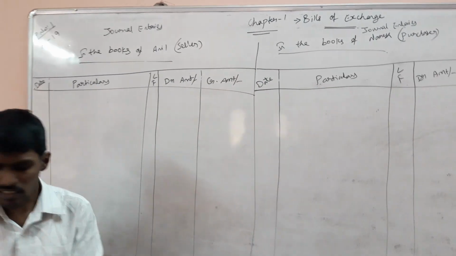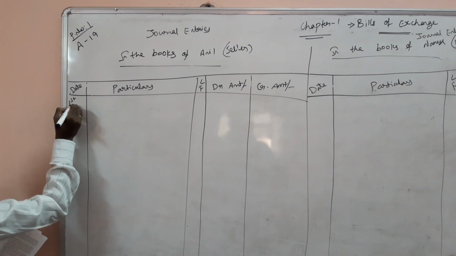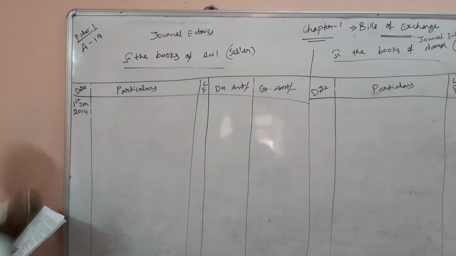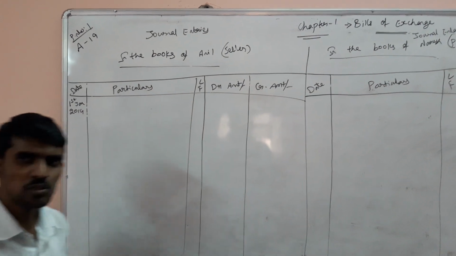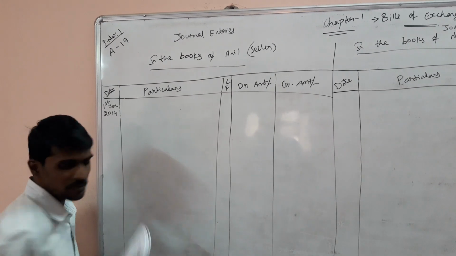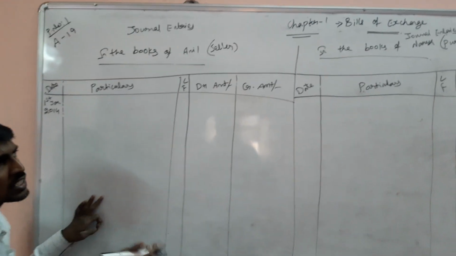So what is the first transaction that happened in the business? On 1st January 2014, Anil sold goods to Naresh. So Anil is selling the goods, and who is the receiver? The debit one is Naresh.